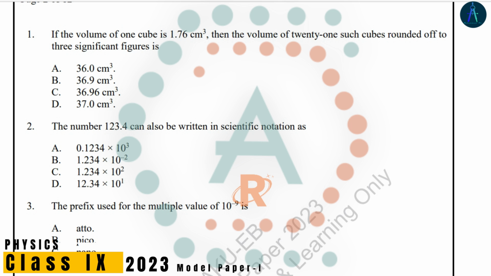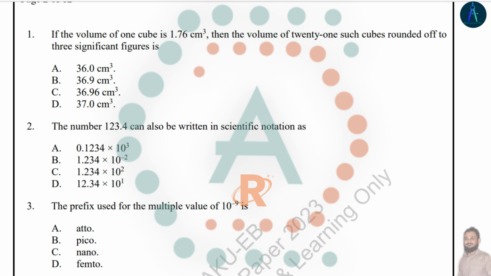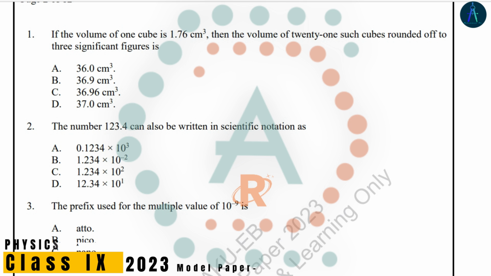If the volume of 1 cube is 1.76 centimeter cube, and we have to find the volume of 20 such cubes. Round off to 3 significant figures. So let's solve this.